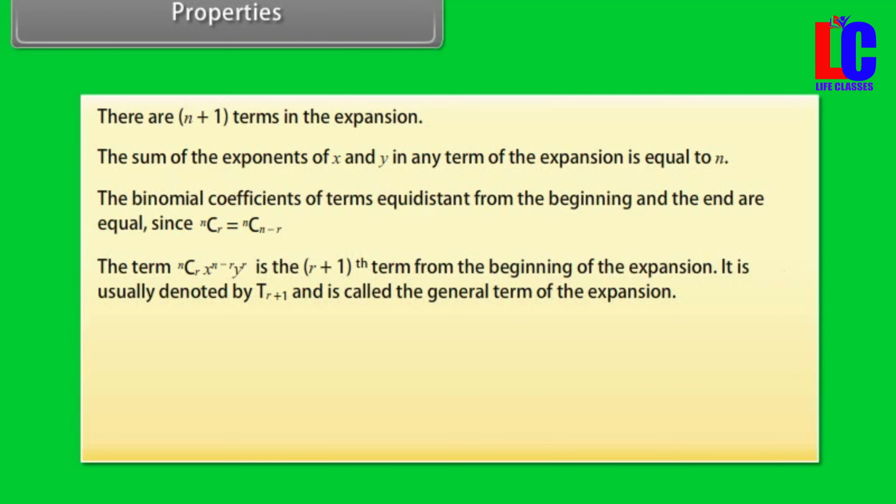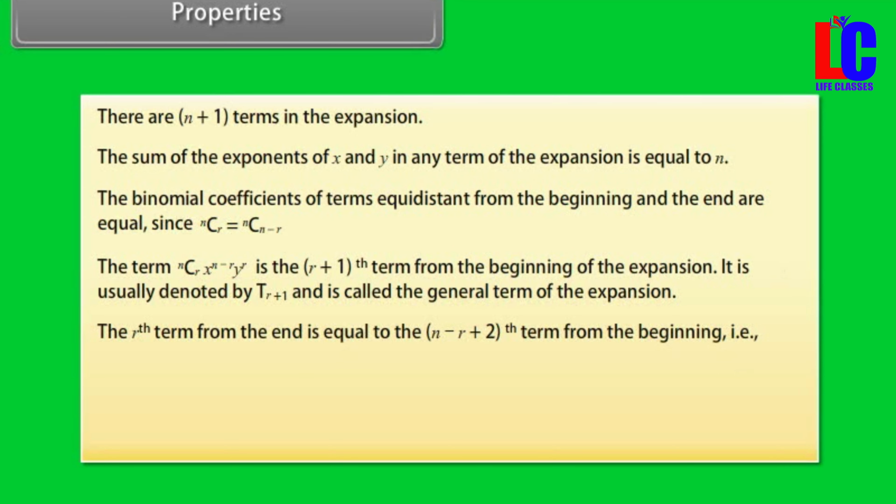The term nCr times x^(n−r) times y^r is the (r + 1)th term from the beginning of the expansion. It is usually denoted by t(r+1) and is called the general term of the expansion.